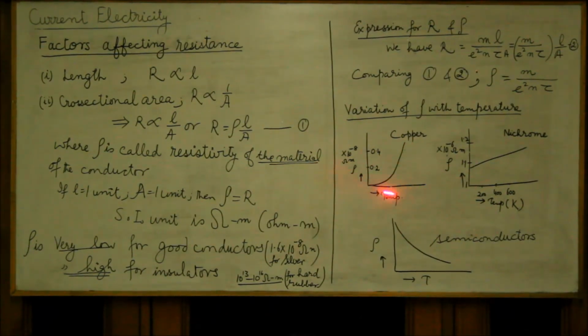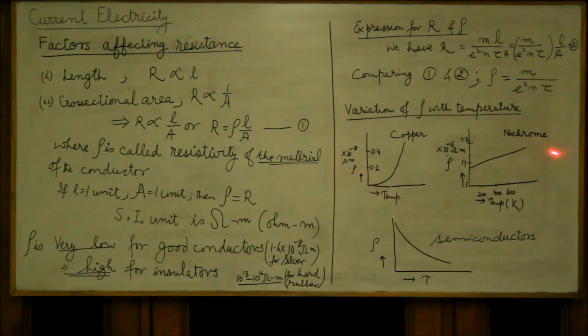The reason is copper has free electrons in it which act as charge carriers. Higher temperature implies more random motion of the free electrons. Therefore, a greater number of collisions take place, resulting in reduction in tau. As the relaxation time or mean free time of the electrons decreases, the resistivity of copper shows a rise with rise in temperature.